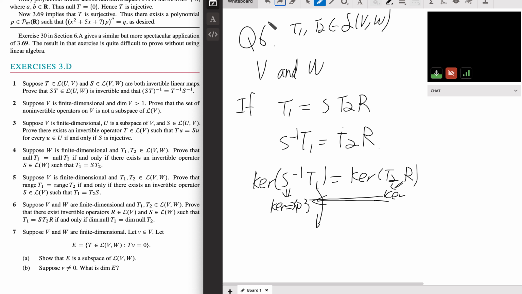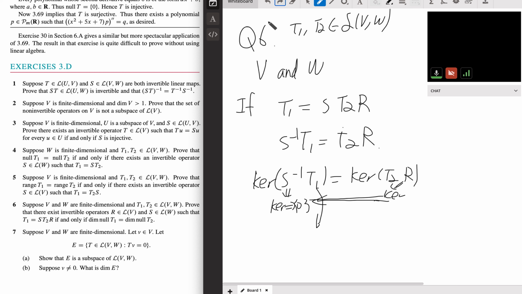So I want to say that the dimension of the kernel of S inverse T1 is just the dimension of the kernel of T1. Because all the members which were already in the kernel of T1 are also members of the kernel of S inverse T1, because S inverse is a linear map that takes 0 to 0.